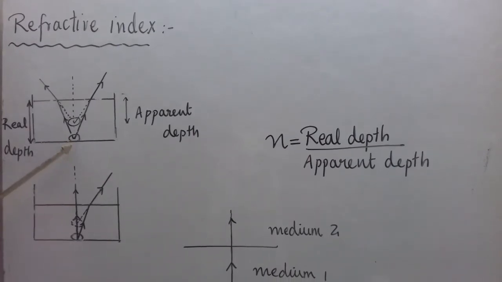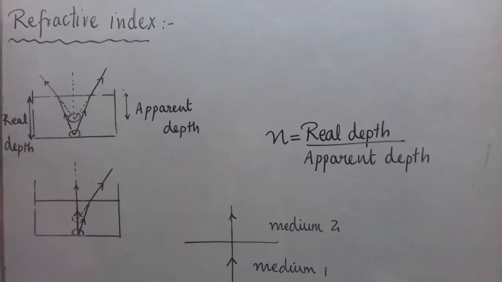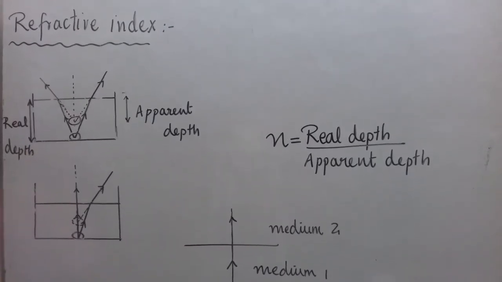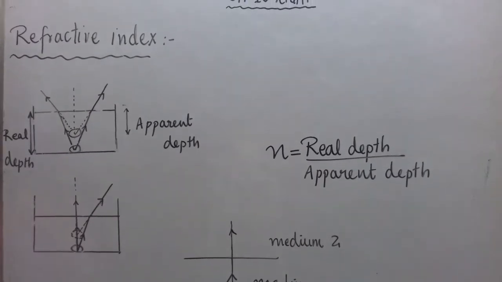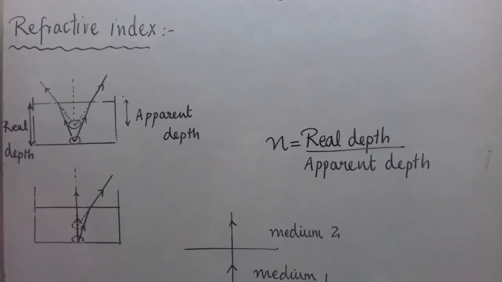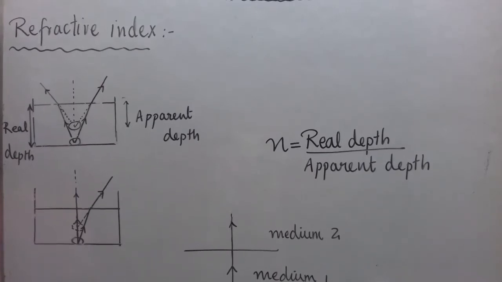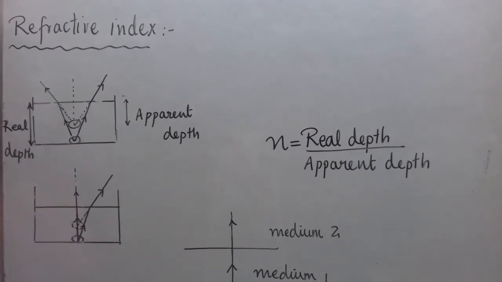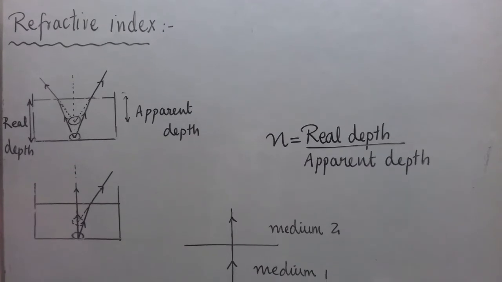Before I explain this, let me remind you, in case of reflection, to get the image of a point, we were drawing two incident rays from A, and the point where the rays meet or appear to meet after reflection used to be the image of A, which we denoted by A dash. Similarly, in case of refraction also, an image is formed, but it is formed due to refraction, not reflection.